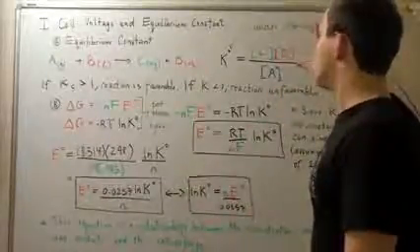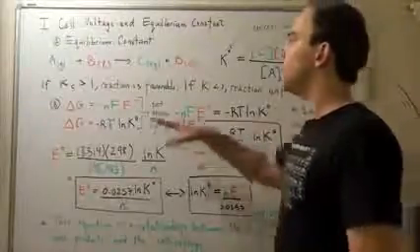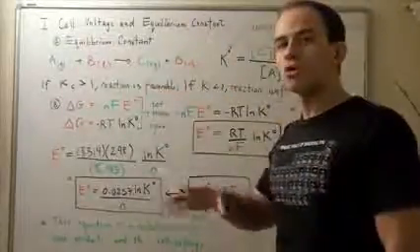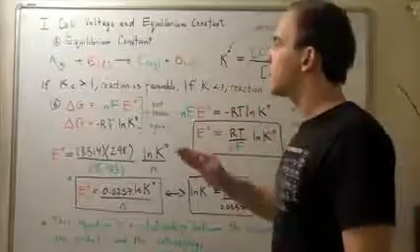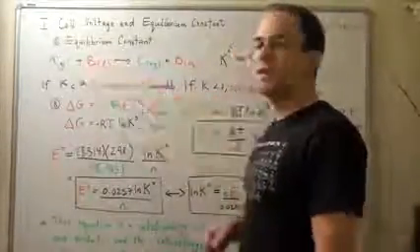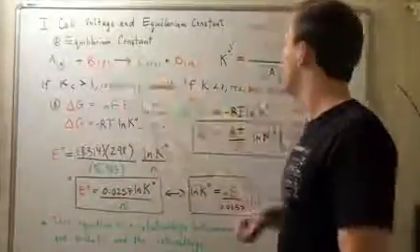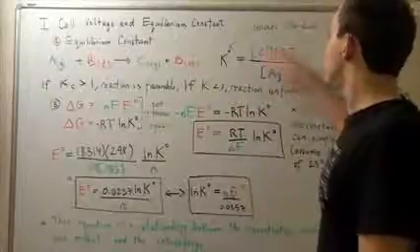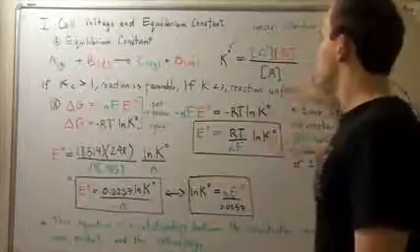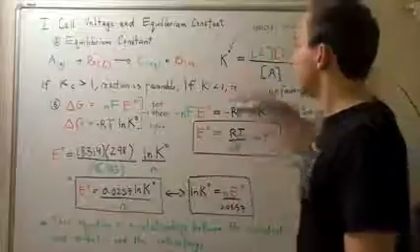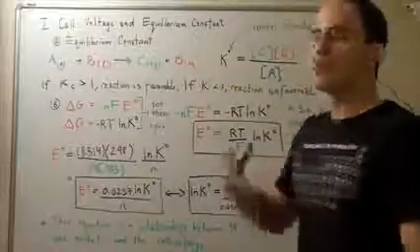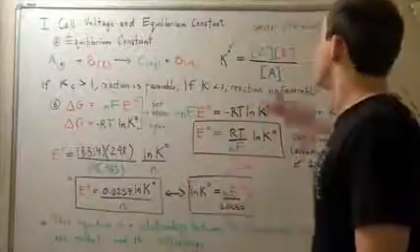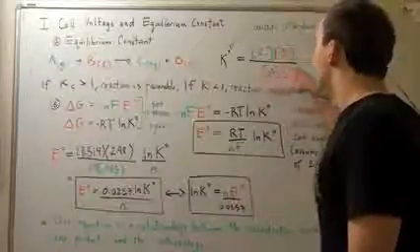We don't include liquid molecules or solid molecules. And that's exactly why we don't include the B molecule, because it's in a liquid state. So we only get this expression. No B is included.